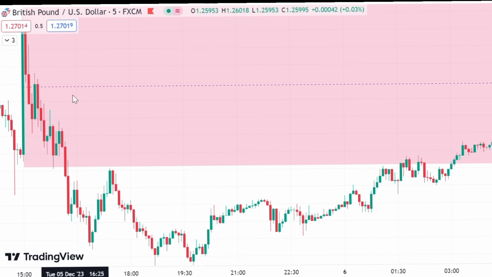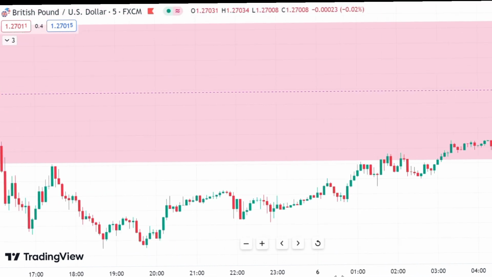Now, this will be based on the trend. Initially, we are having a downtrend on our higher time frame, and you wouldn't want to trade against the trend. So we look out for a change in character, a sudden change from an uptrend to a downtrend.